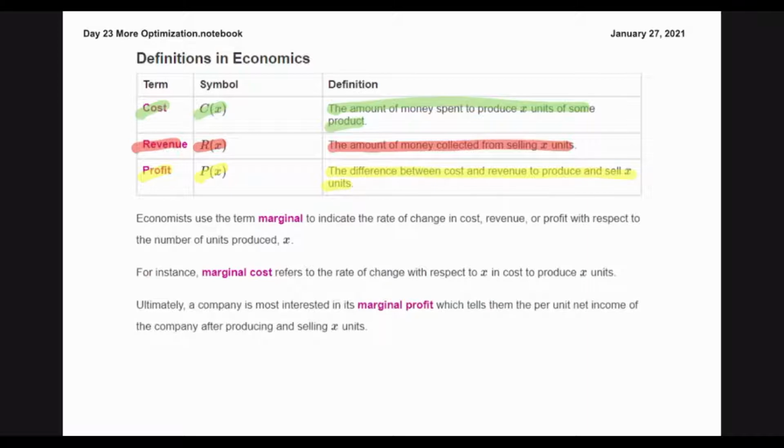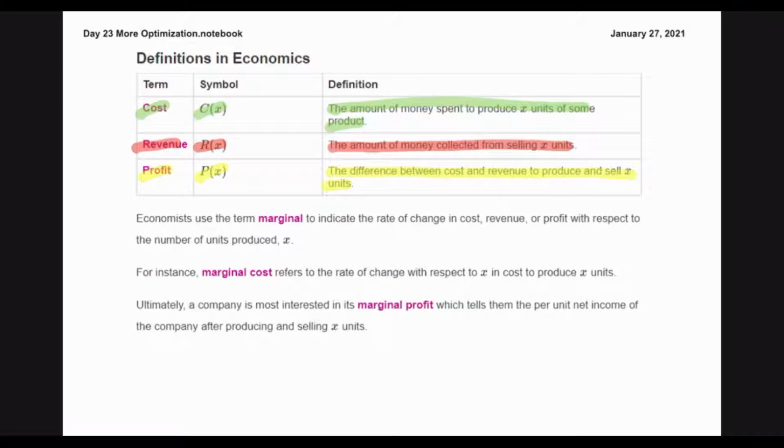So we just had to spend money, that was our cost, in order to actually build our units. And then revenue is the money that we brought in. Economists use the term marginal to indicate the rate of change in cost, revenue, or profit with respect to the number of units produced. So we're finding marginal cost, marginal revenue, marginal profit here because it's all based on the number of units sold.